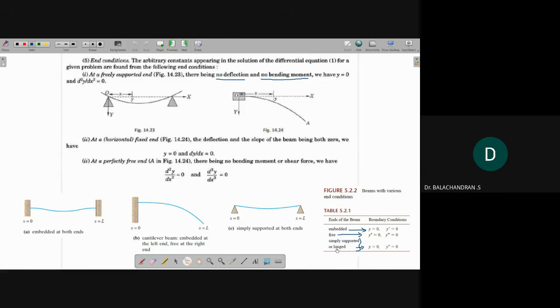Simply supported or hinged or freely supported. Don't confuse freely supported with perfectly free. You should be a little bit careful. So simply supported or hinged or freely supported, then you have y equal to 0 and the second derivative is also 0.